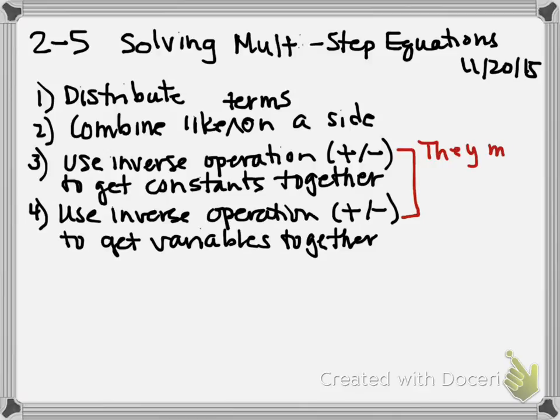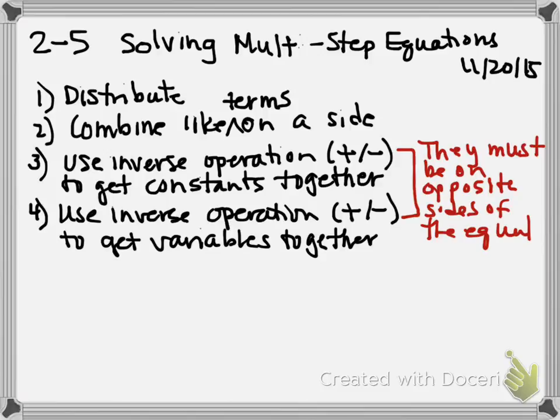They must be on opposite sides of the equal sign. You cannot bring everything to one side and have equal 0. You're not done. You can only have one thing, constants, let's say, on one side of the equals, variables on the other side. We have the freedom, which side those are.